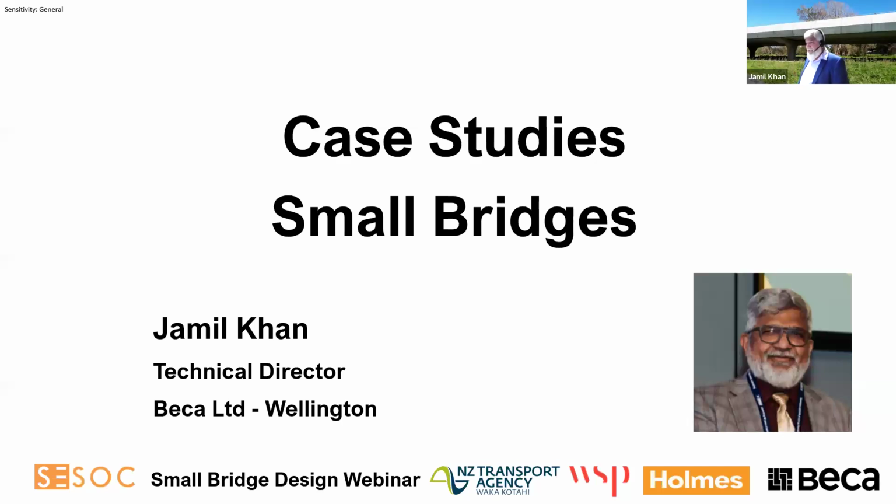This is the last section of our webinar where we're going to showcase some examples of small bridges, to demonstrate that what we talked about during the last hour has been implemented on those examples. We collected different types of bridge examples.